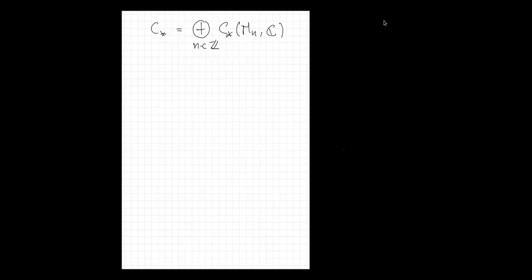Note that this has a natural structure of a C[U] module, where the multiplication by U is the one induced by the inclusions. So you sum up all the inclusion maps, and then you get an endomorphism on C_star, and this generates a C[U] action.